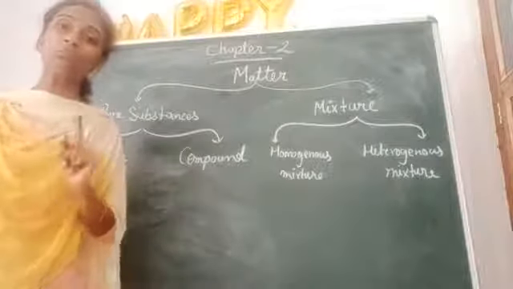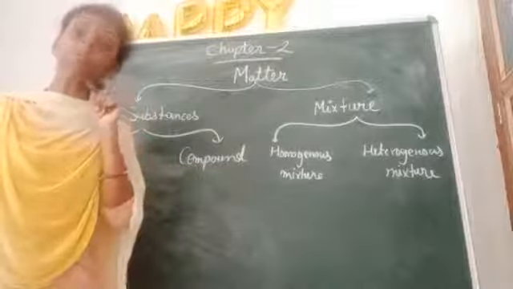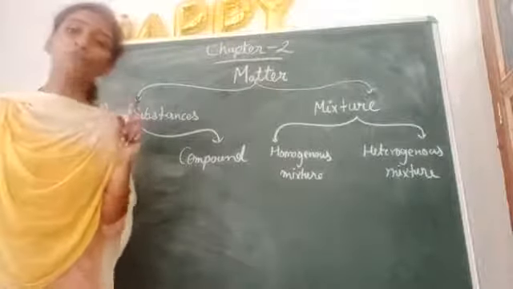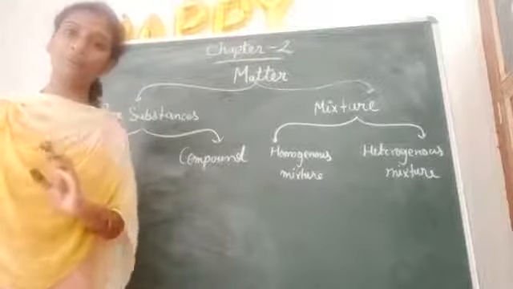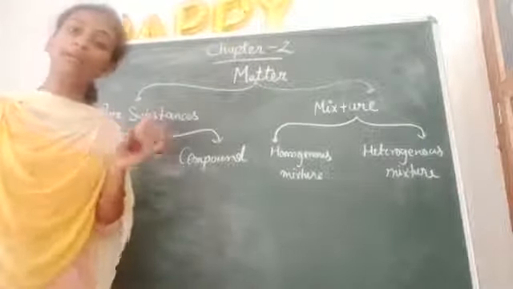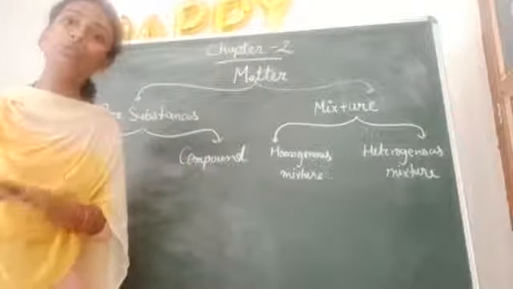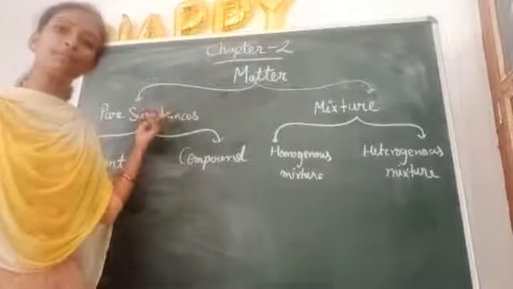Because if I take a glass of water as an example, it will have H2O molecules only, H2O, H2O, H2O. They will not be like H2O, CO2, NO2. They will be made up of H2O molecules only. That is why they are pure.